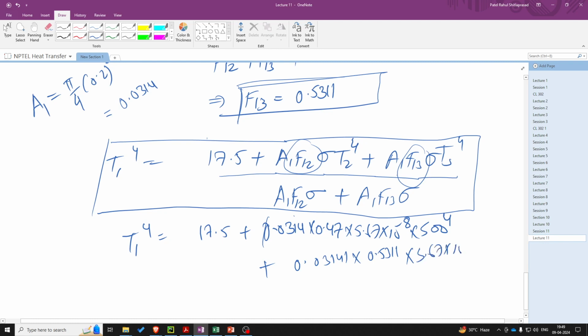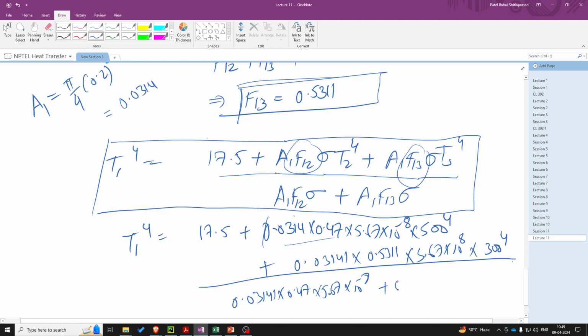Sigma is 5.67 10 raised to minus 8. T3 is 300 raised to 4.